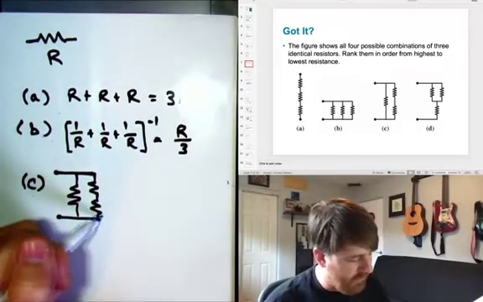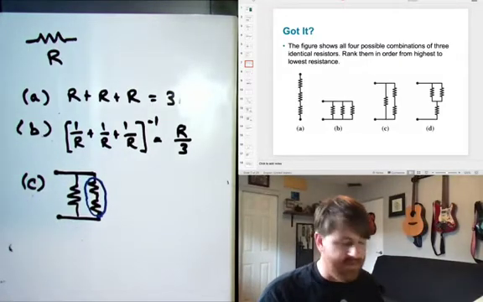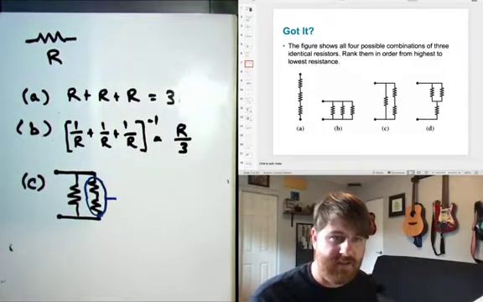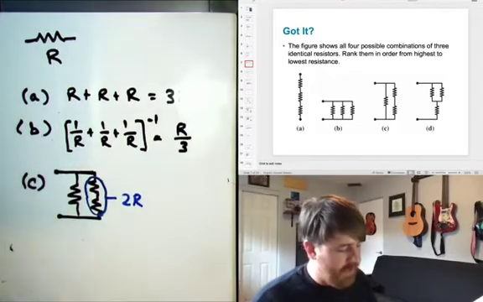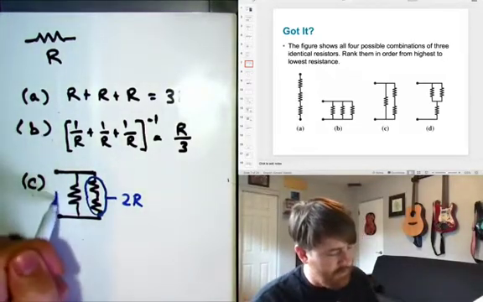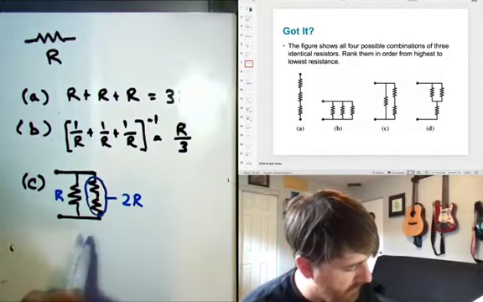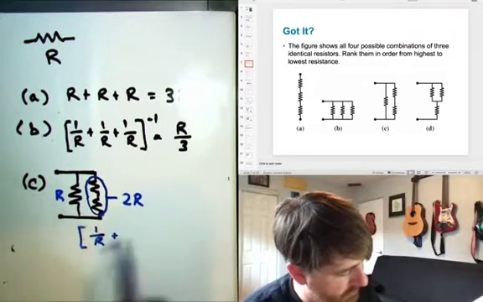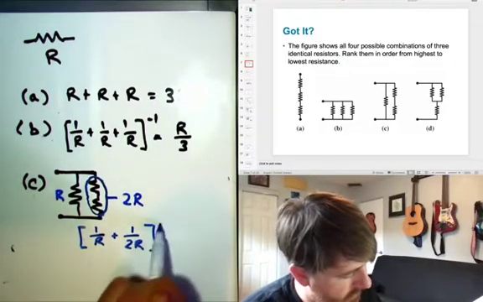So I'll look at this guy, and I'll say, okay, well, those are just in series, so I can replace this with the equivalent resistance, which is 2R. And then I have the parallel combination of 1R and 2R, which will give me 1 over R plus 1 over 2R to the minus 1.